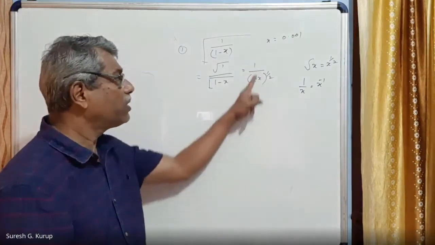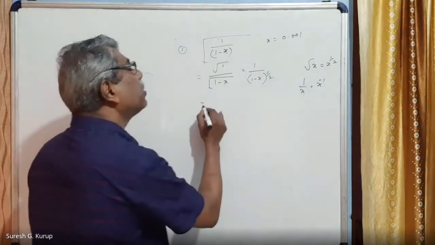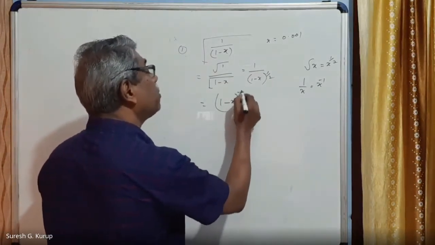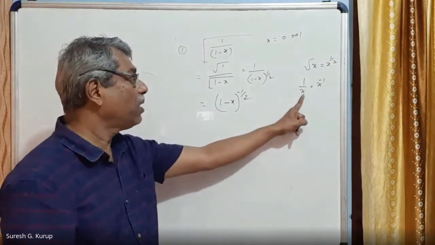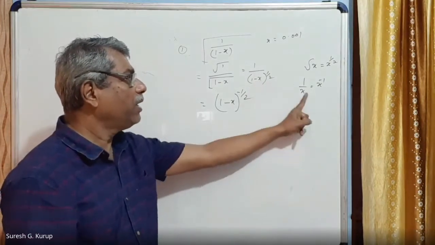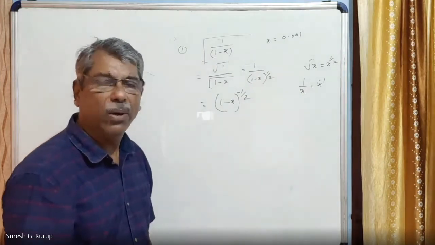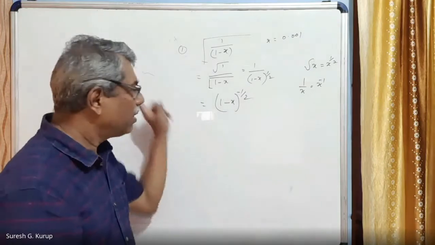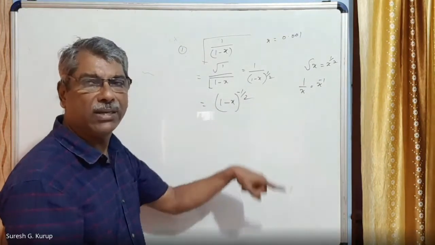So therefore, this can be written as 1 minus x, the whole raised to minus 1 by 2. Because in the place of x, we have 1 minus x. In the place of x raised to 1, we have 1 by 2. This is the same case we have got, 1 minus x, the whole raised to minus n.